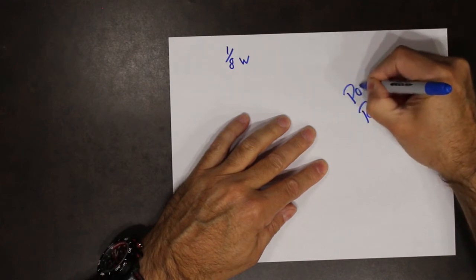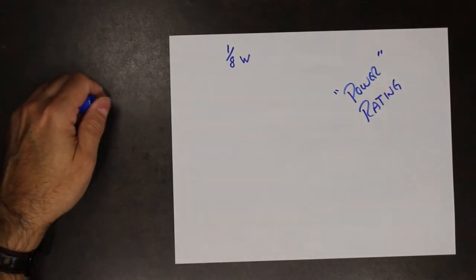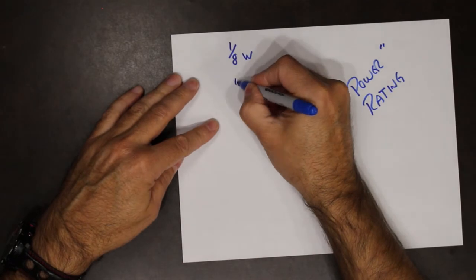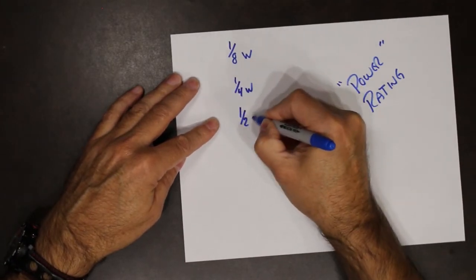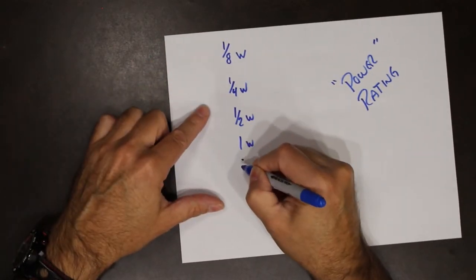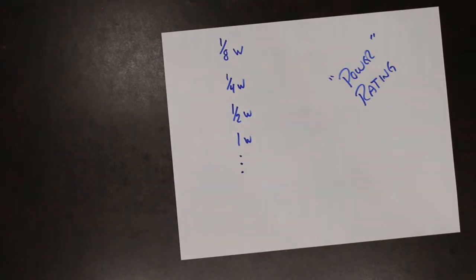So this is the power rating of resistors. So you can get them in 1/8 watt. You can get them in 1/4 watt. You can get them in 1/2 watt. You can get them in 1 watt, 2 watt, 3 watt, 5 watt, etc.